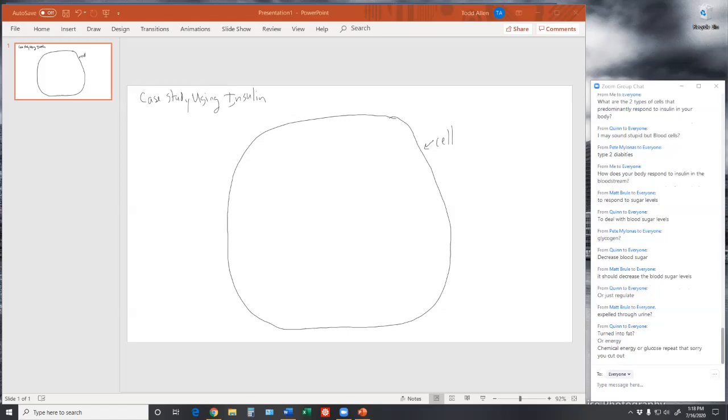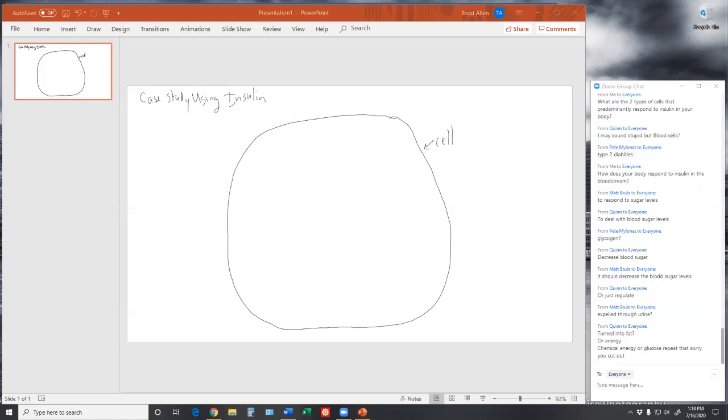Okay, so what I'm fishing for, gang, what I'm trying to pull out of you, is that the cells of your body are responsible for taking that glucose, that sugar, and converting it into energy. You learned about that, aerobic cell respiration.